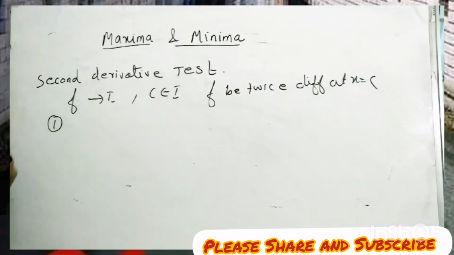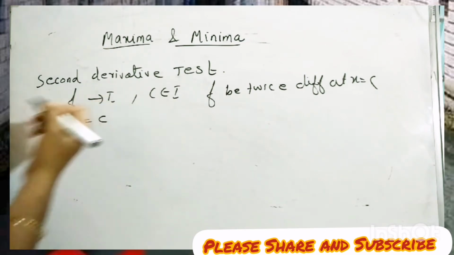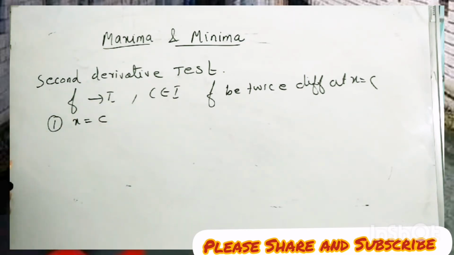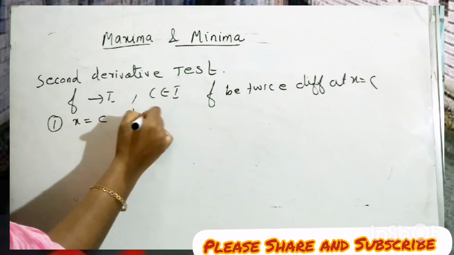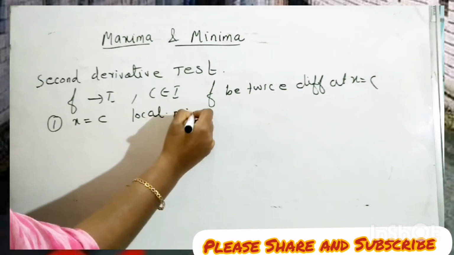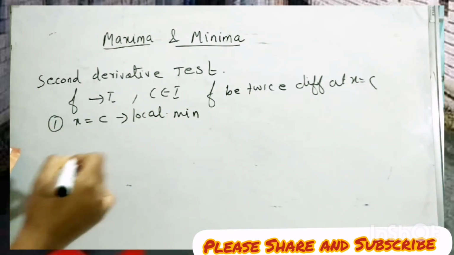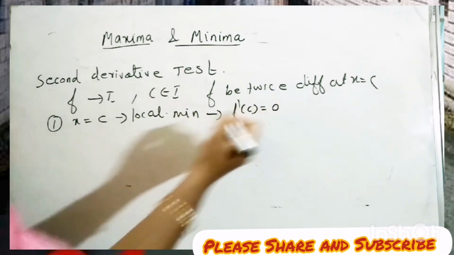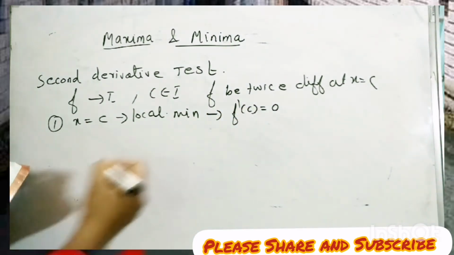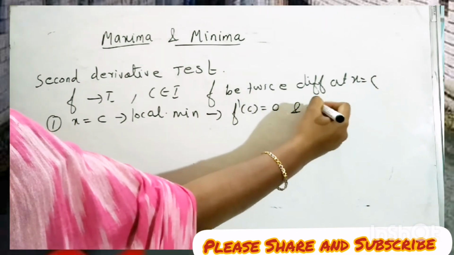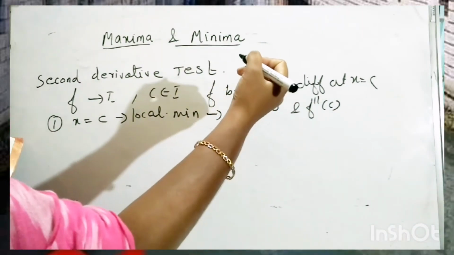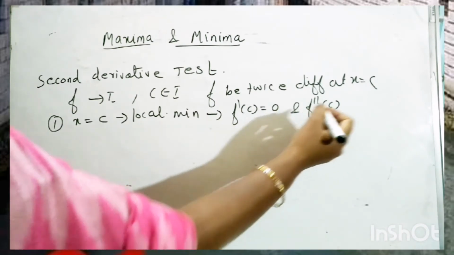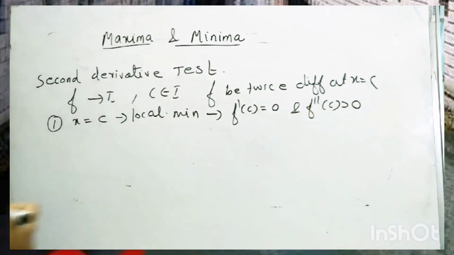Then, first, x equals c is a point of local minima if first, f dash of c is equal to 0, and second, f double dash of c is greater than 0.